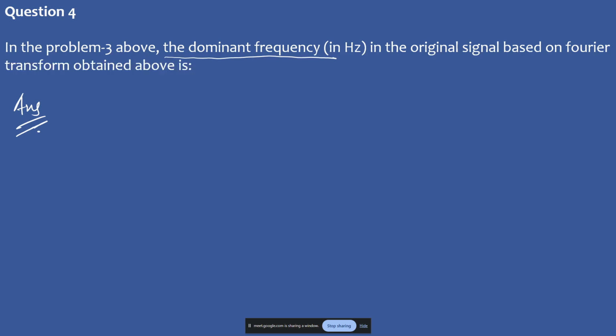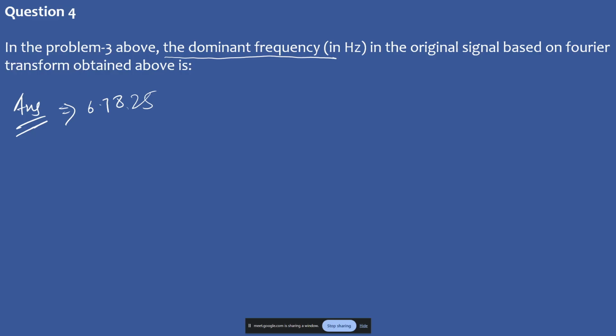And the answer which I have with me is your second value, which is 6.7825. So this was your dominant frequency.